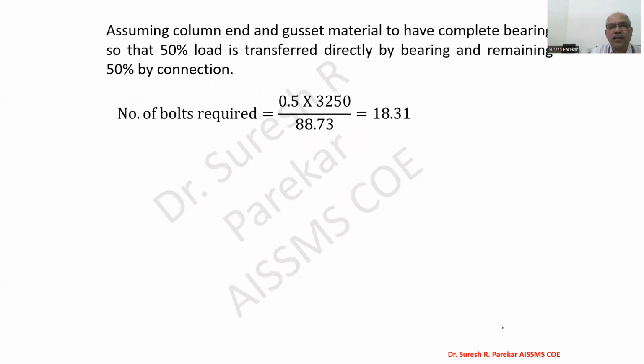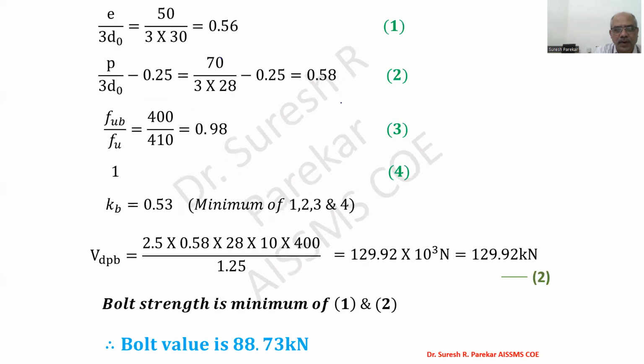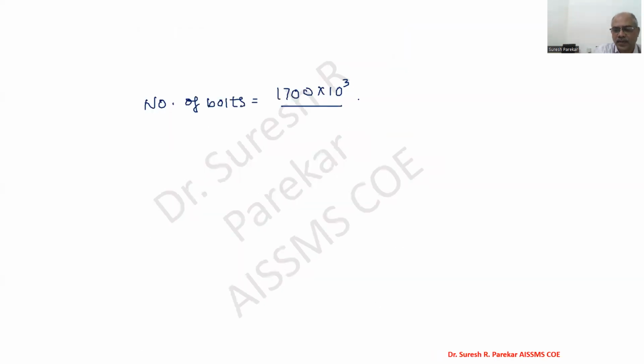Assuming column end and gusset material to have complete bearing, we have number of bolts equal to force 1700 into 10 raised to 3, and we have bolt value 88.73.